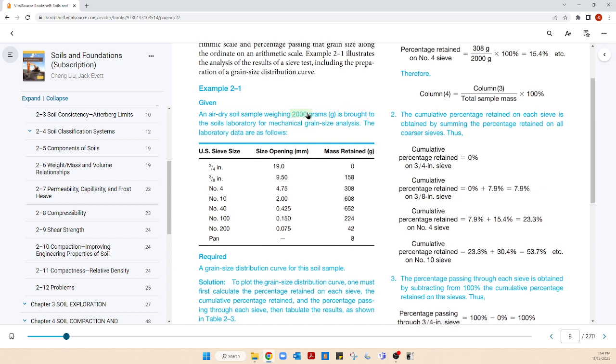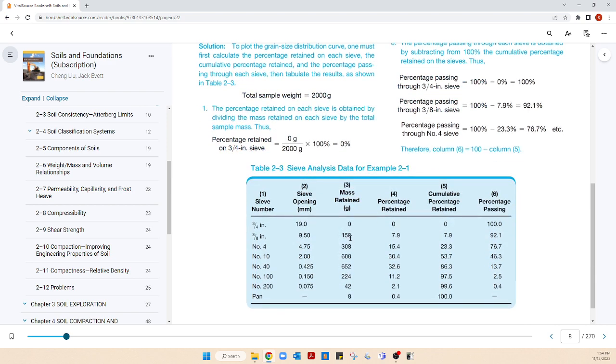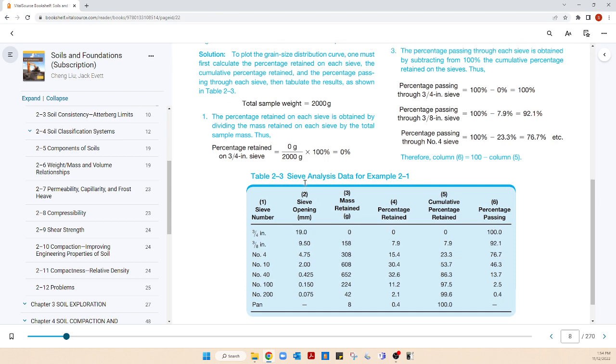You've got to know your soil sample, this is the total weight of the sample that you start with. So when we get into the percentage, we're going to be dividing this figure, which is the mass retained, divided by the total.